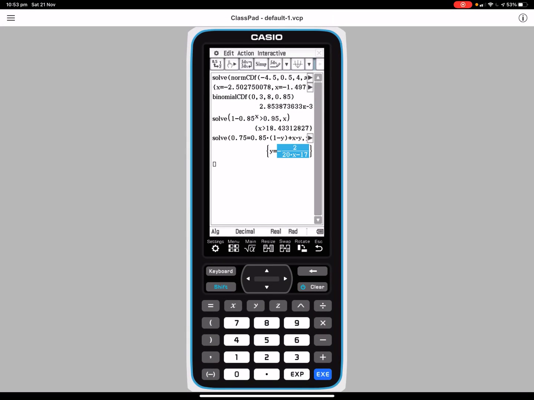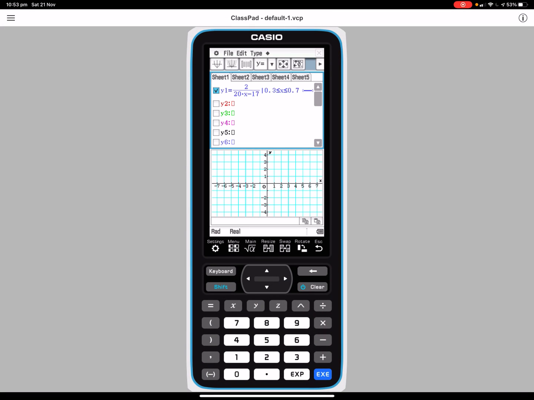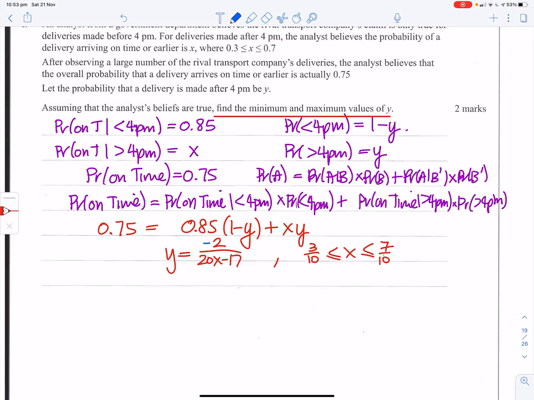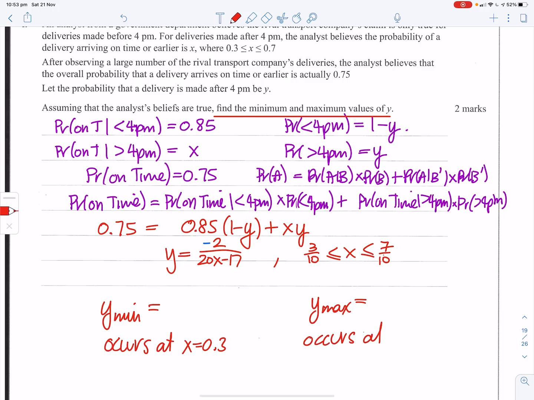Okay, now when I sketch it, you can see it's an increasing function. So the y min occurs at x equals 0.3 and the y max occurs at x equals 0.7.